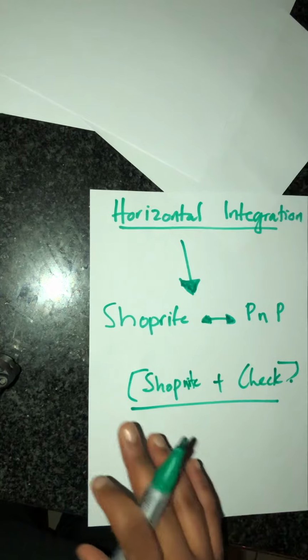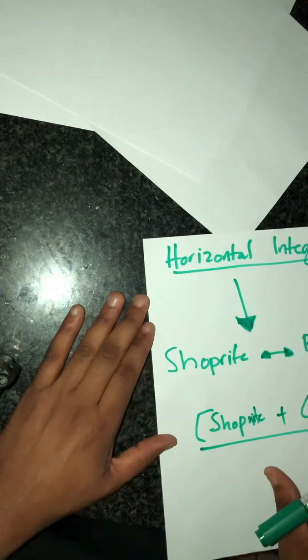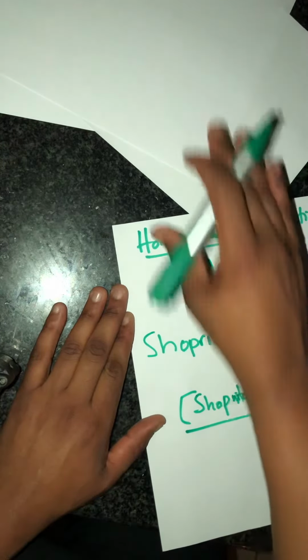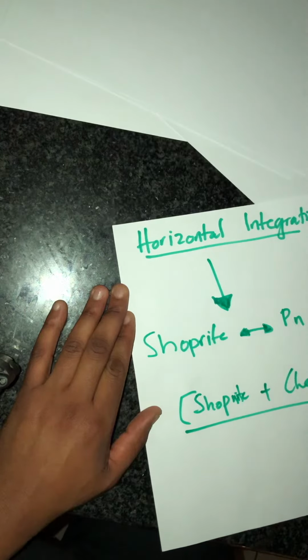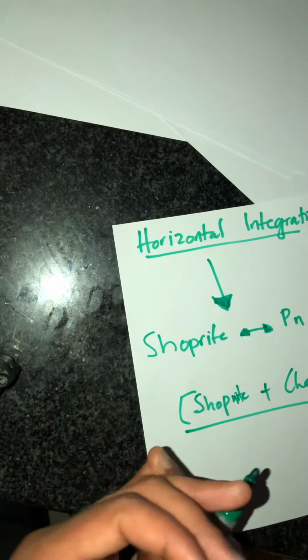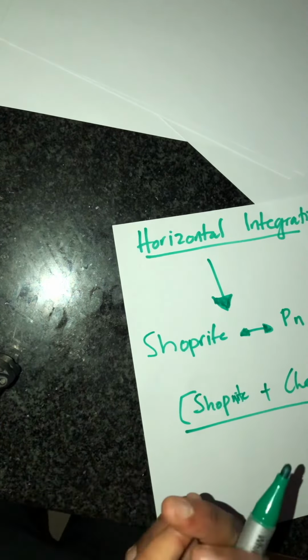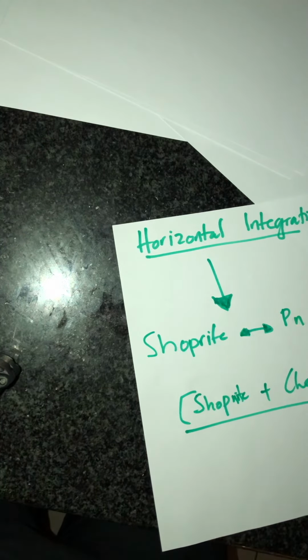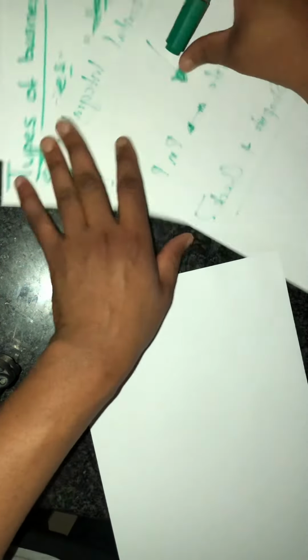So we have explained the three types under integration strategies, which are your forward integration, your backward integration, as well as your horizontal integration. That's the first type of strategy. Now, I want us to discuss the second type of strategy. The first strategy is integration strategy.